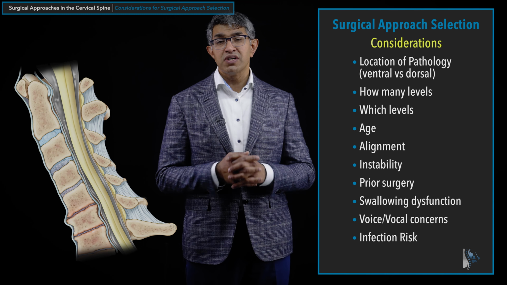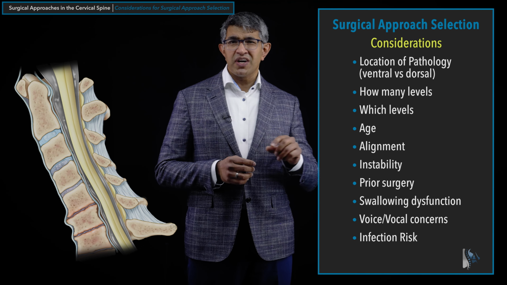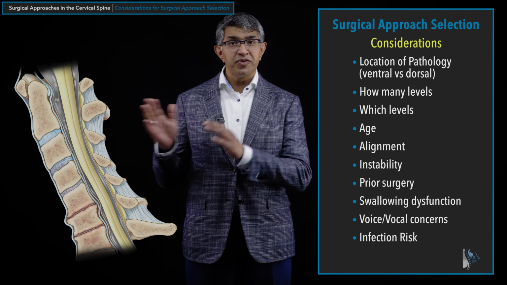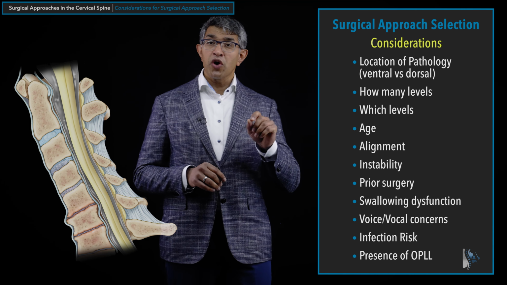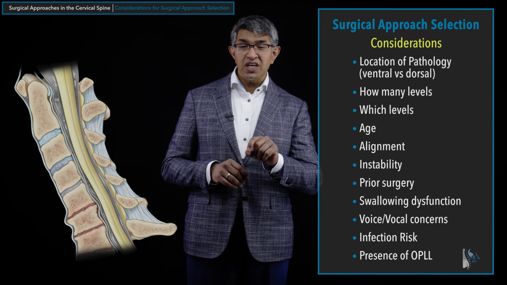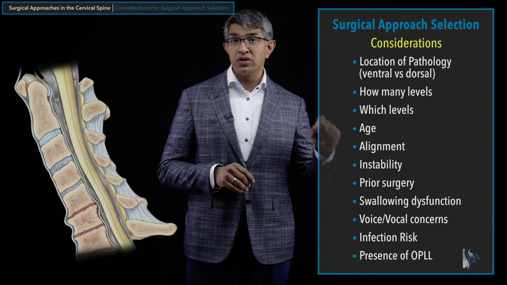So patients that are at a higher risk of infection, whether they're immunocompromised, have had prior radiation or other considerations, I would tend, if possible, to favor doing something from the front.